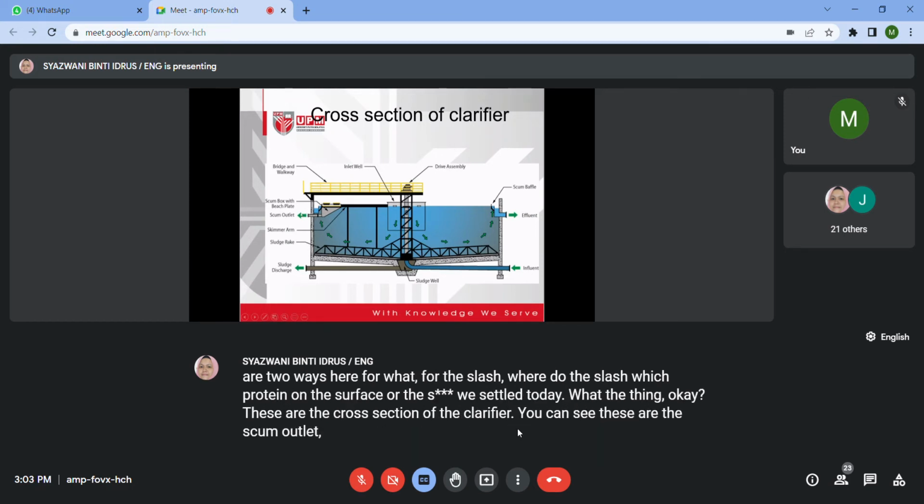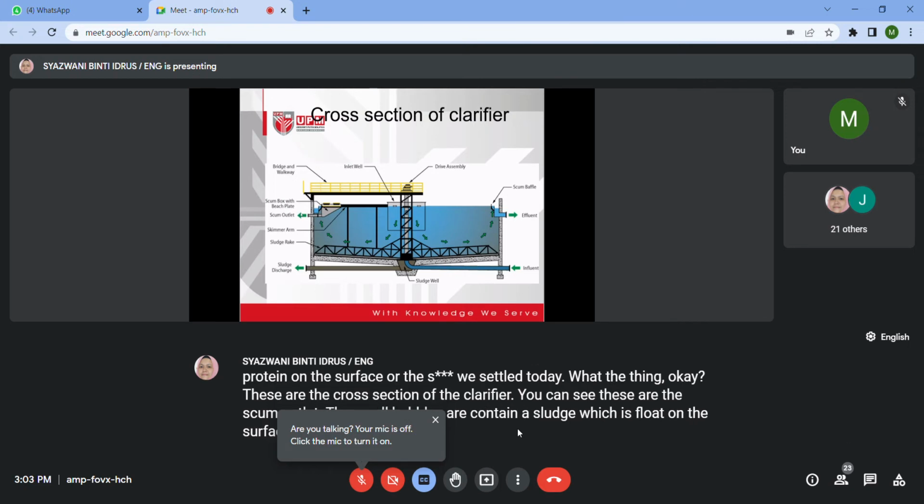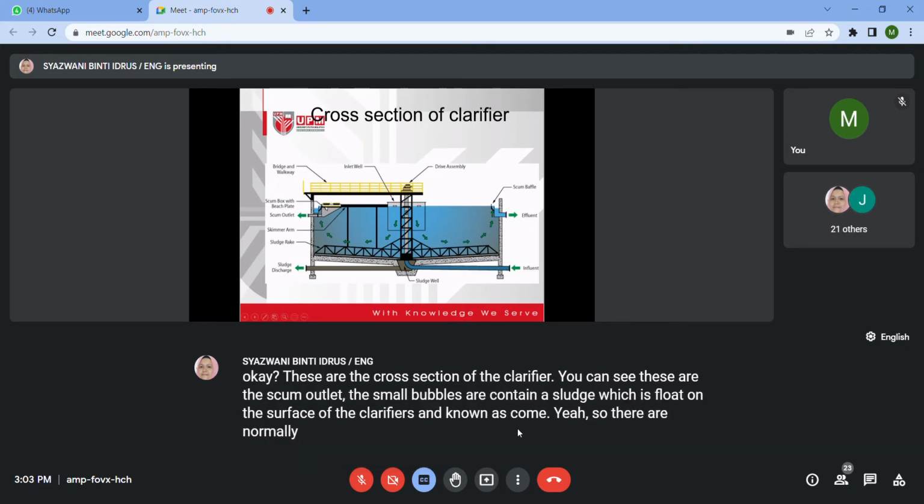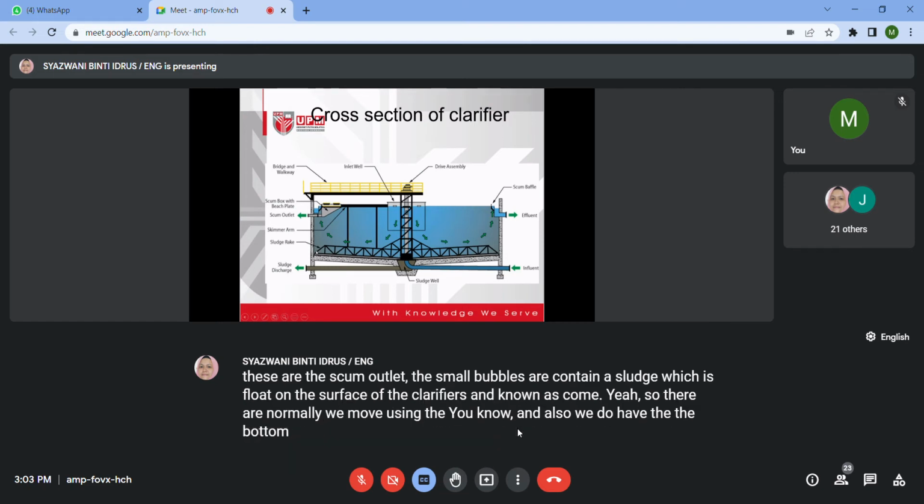The small bubbles containing sludge which float on the surface of the clarifier are known as scum. They are normally removed using the rotating arm. We also have the bottom arm, known as the sludge rake, which removes the sludge.